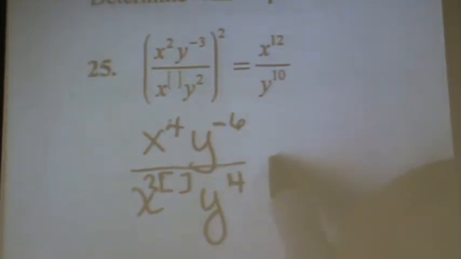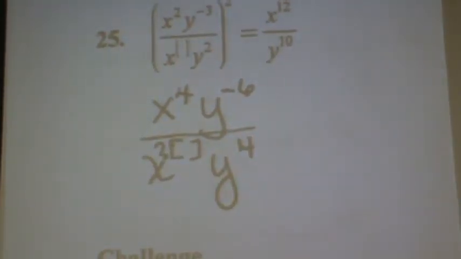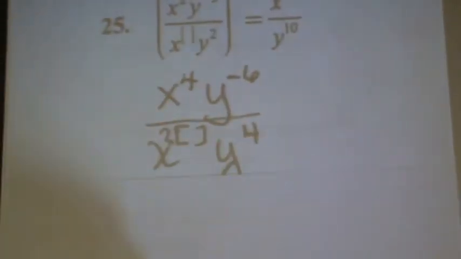Okay, now if we simplify this, I'm going to put a piece of paper here so I can work vertically, so you can see this. This is going to come down here, and this is going to be y to the 10th.